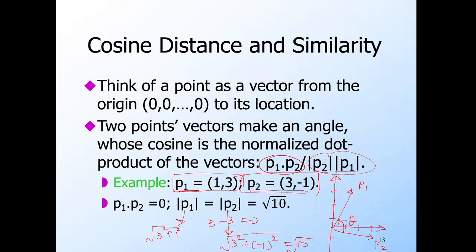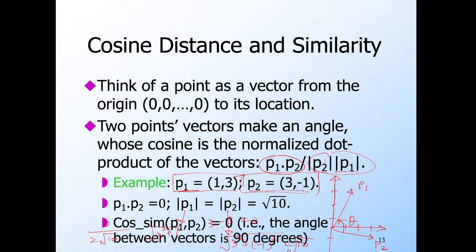So we end up having 0 divided by the product of the norms, which gives us 0. So the cosine is 0, and cosine of 90 degrees gives us 0, which means this theta is in fact 90 degrees.